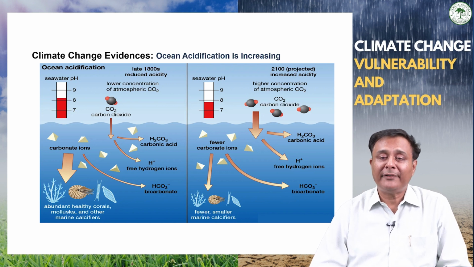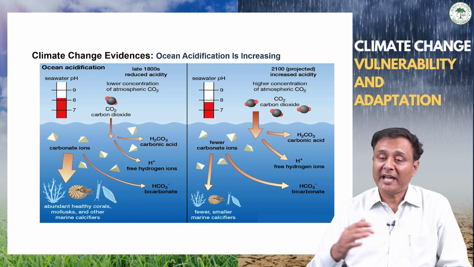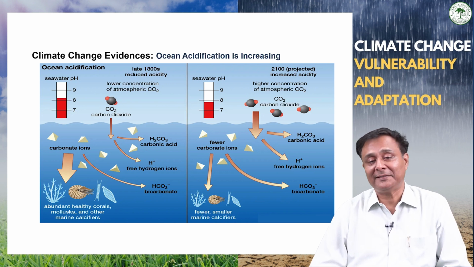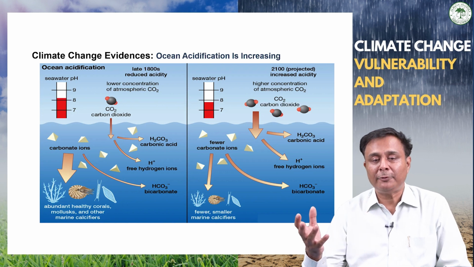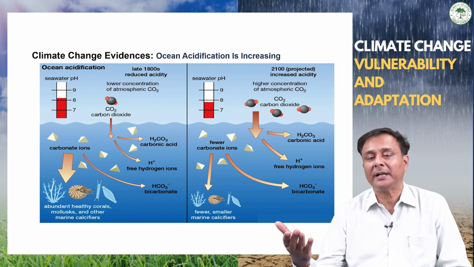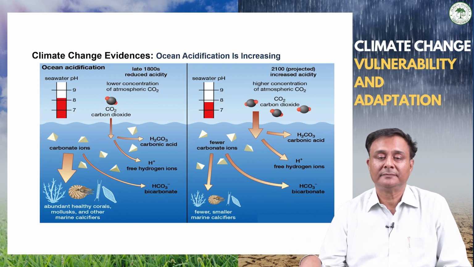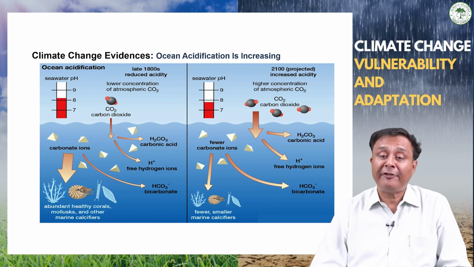Over the past 200 years, the world's seas have absorbed, can you believe, 150 billion metric tons of carbon which have been emitted by human activities. So the oceans have absorbed between 20 to 30% of the total anthropogenic carbon dioxide emission, somewhere around 7 to 10 billion metric tons every year.